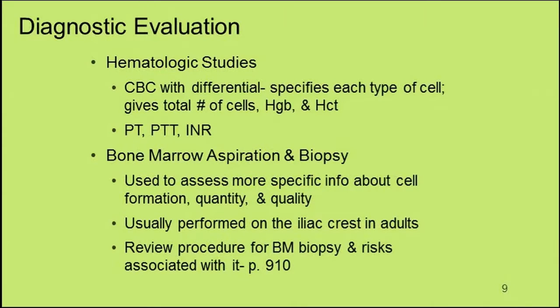So there are lots of medications that we use to treat other disease processes: COPD, rheumatoid arthritis, autoimmune disorders, allergic reactions. There's a lot of different medications that we use to treat these other comorbid conditions, and they lead to bone marrow suppression.